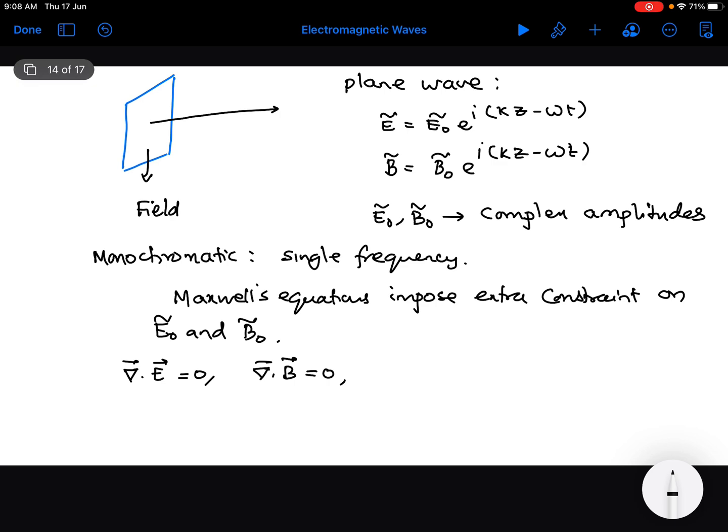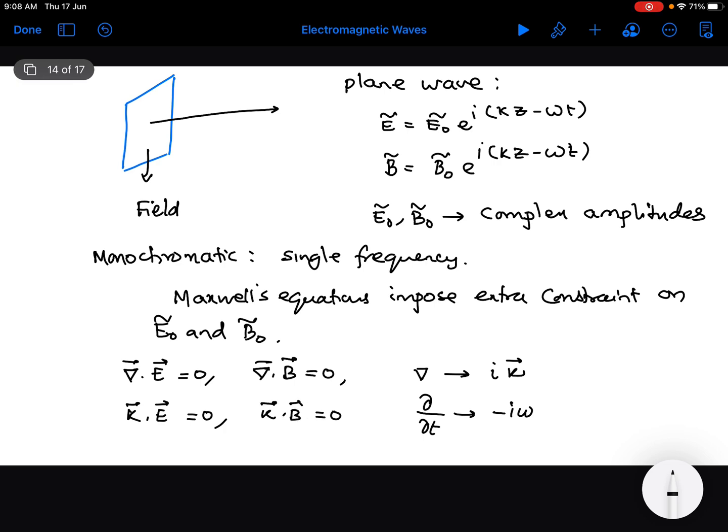So in other words, as we discussed previously, each del gives i times k, and ∂/∂t is actually minus i times omega. So we substitute here. This becomes k dot E equal to 0, and k dot B equal to 0.